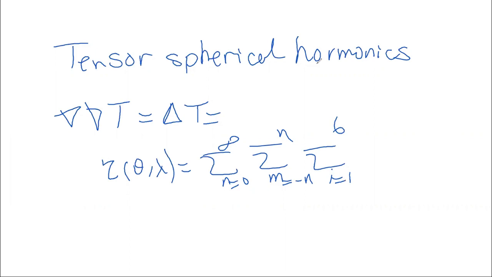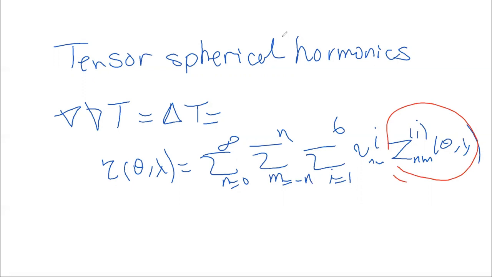And here I have V and M. I is the potential of the function, and zeta i, theta, and lambda. This zeta we call TSH, tensor spherical harmonics.